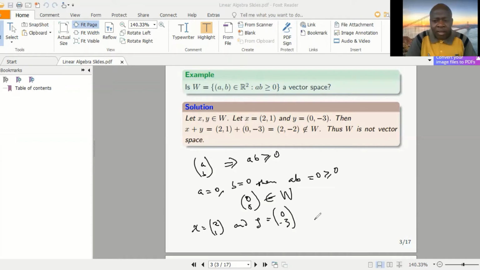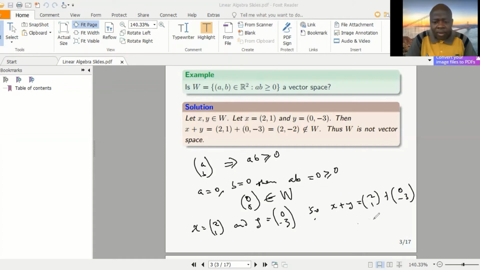That closure property for addition of vectors would be satisfied. I just need to add these two vectors. X plus y would be 2, 1 plus 0, -3.